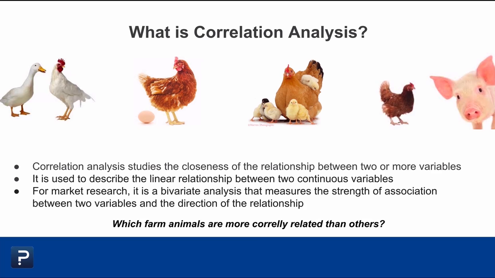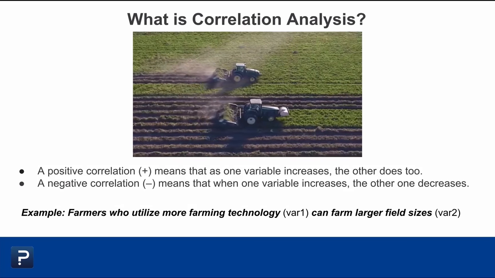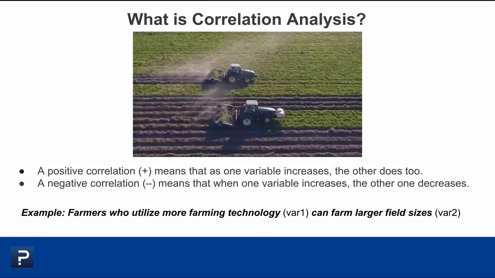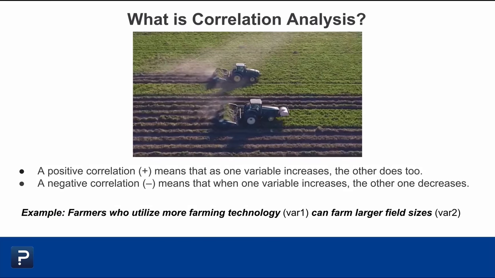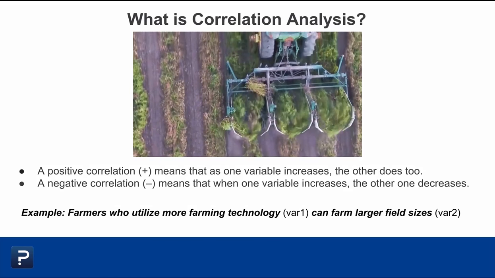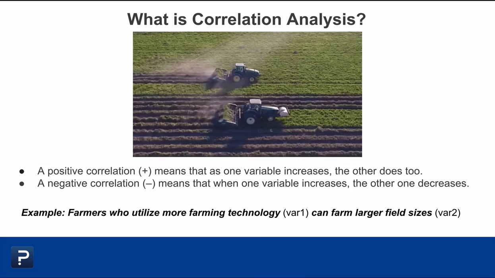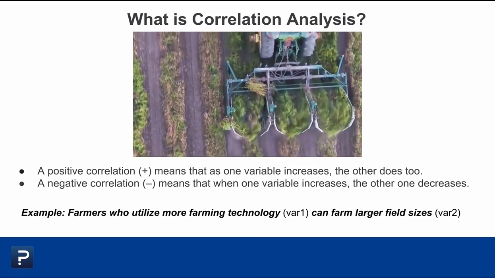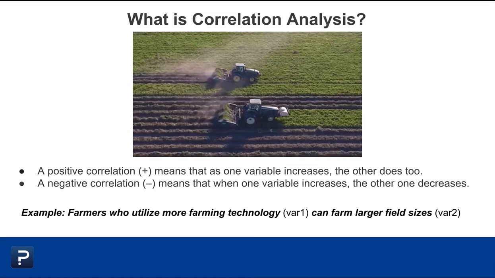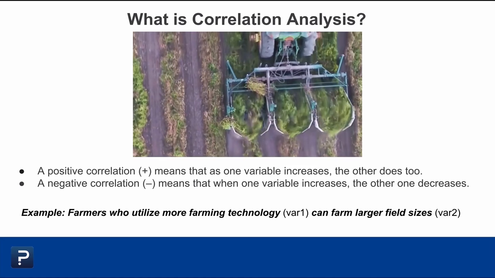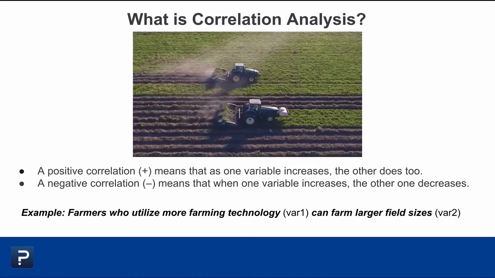And when it comes to correlation analysis, the relationship of the correlation will give a direction, which is either positive or negative in nature. A positive correlation means that as one variable increases, the other one does as well.